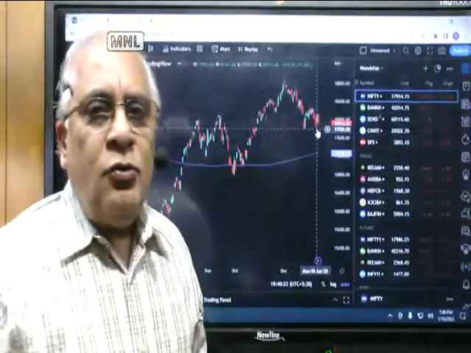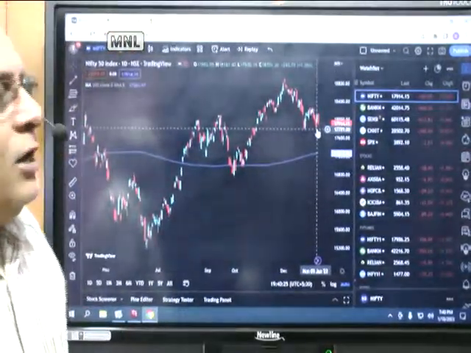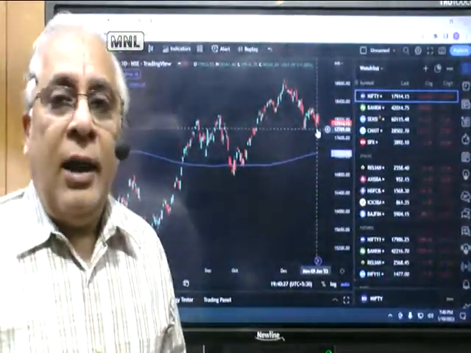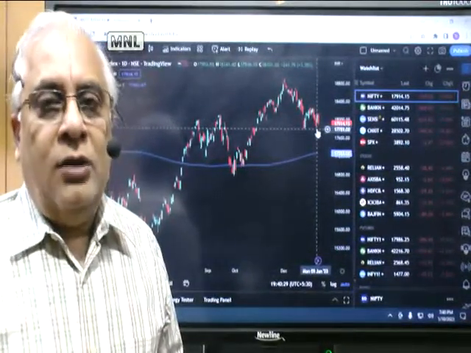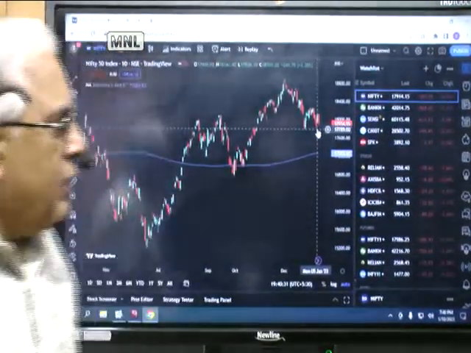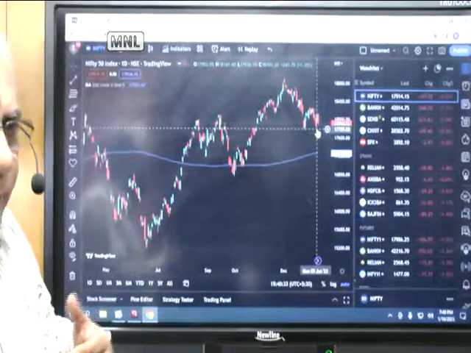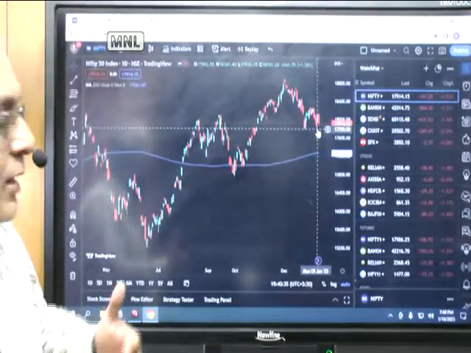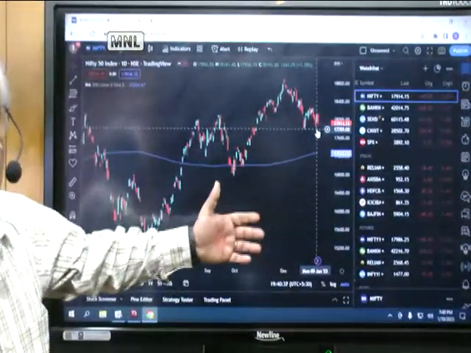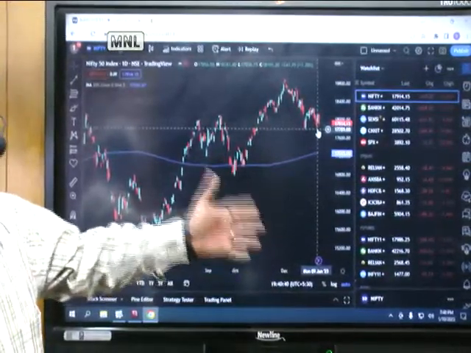So the early entries you will definitely get, and with a slightly good stop loss also. So we can combine this. That's why the investment is now being combined with a trading position using a Fibonacci.